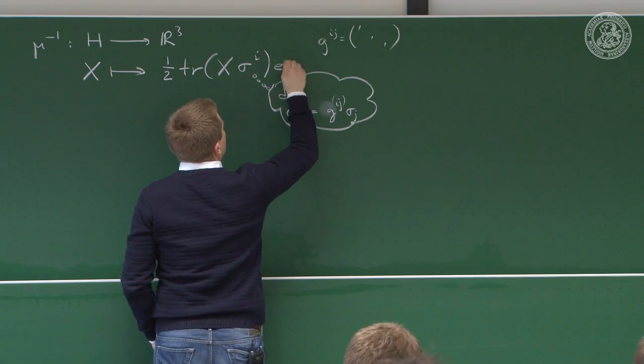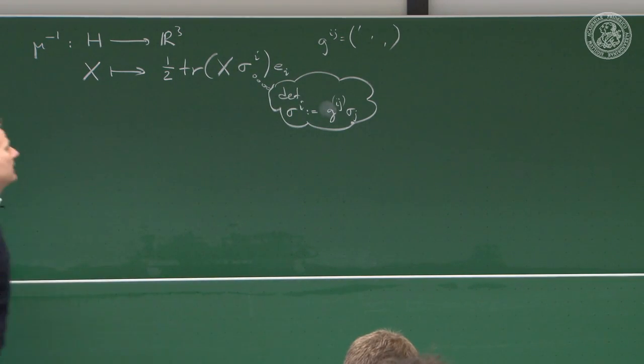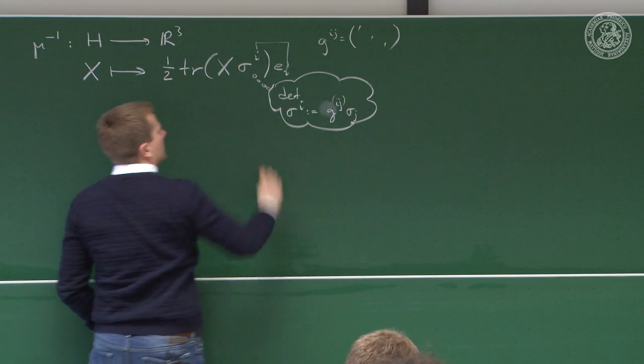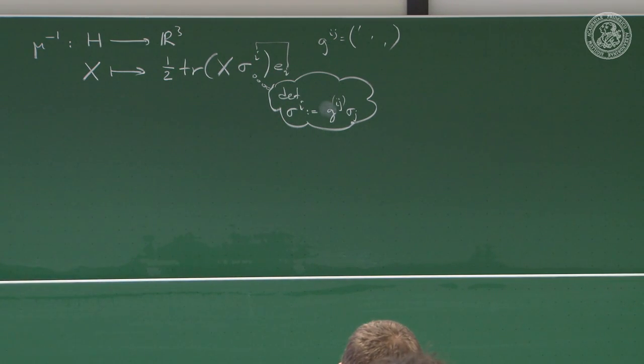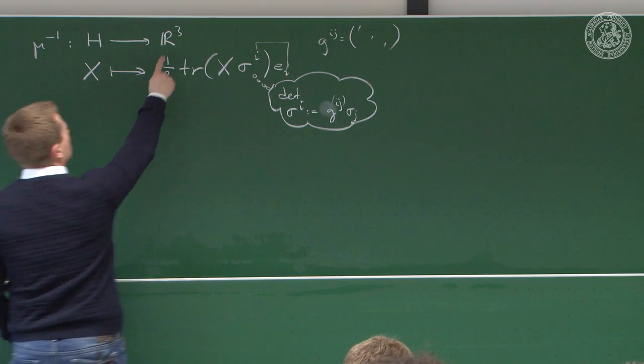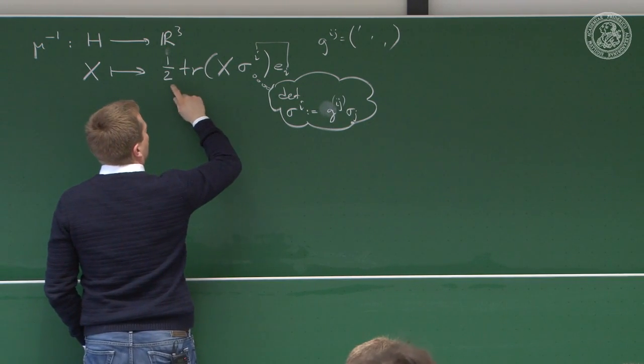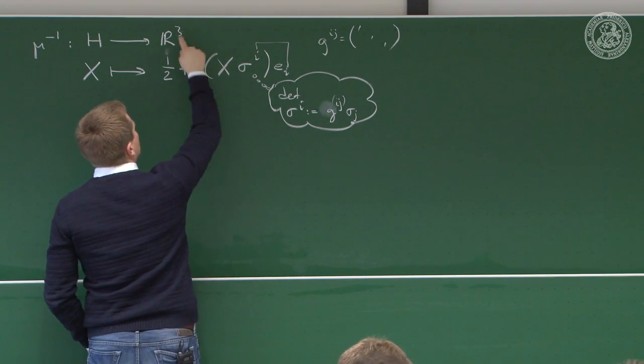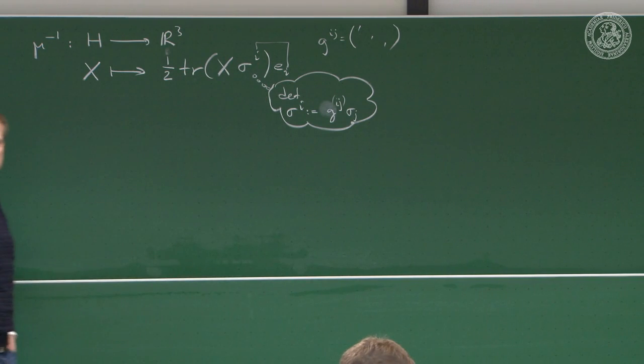Well, very strictly speaking, I need to provide the basis vector here again, and I have a summation convention here and then I get an element of R3, right? Or you could say the first component is given by half trace x sigma 1, the second by half trace x sigma 2, and so on.